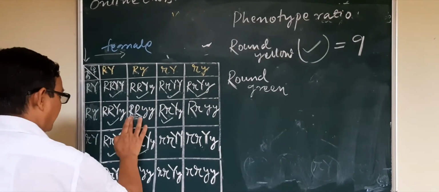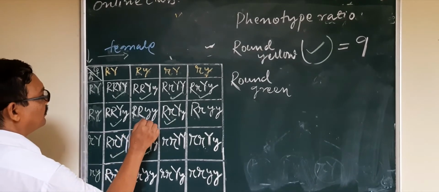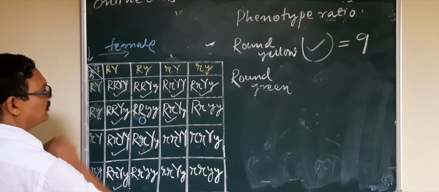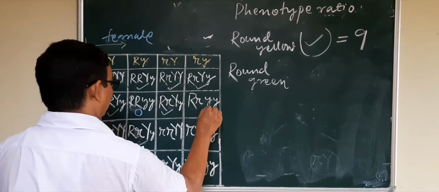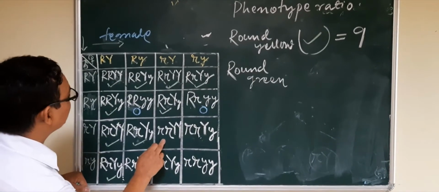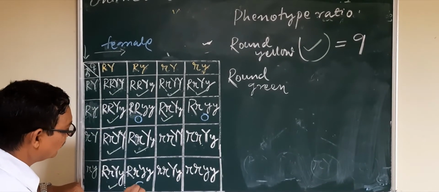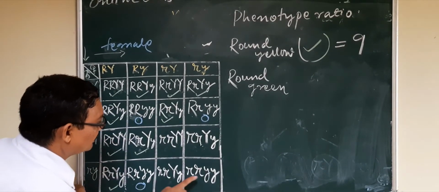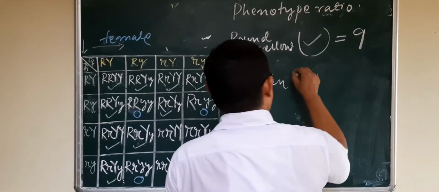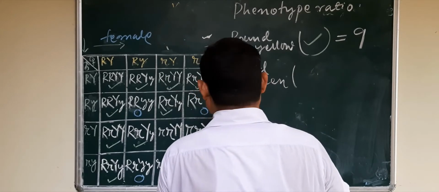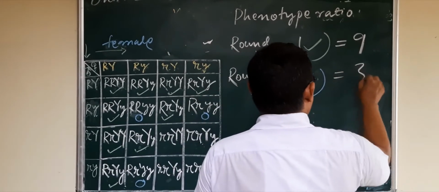Now look here for round green, and give a symbol like this. This is round green, this is not round green, this is not round green, this is round green, this is not round green, this is not round green. That means we have got round green 3.